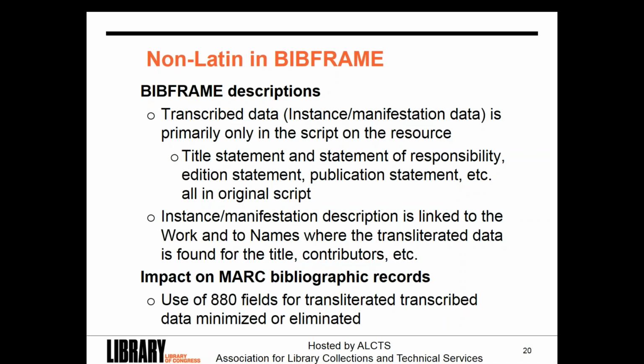That's the title statement, the statement of responsibility, edition statement, publication statement, all in the original script. Then the instance, or manifestation, whichever one you want to call it, description is linked to the work and to names. And there you'll find transliteration of titles and of contributors.